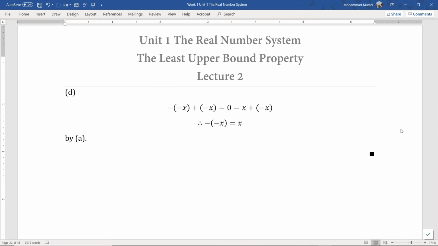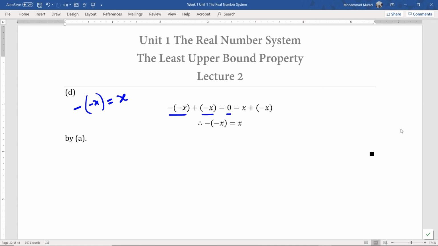Let's try to prove statement D. It says the additive inverse of the additive inverse of an element x is just the element x itself. We begin with the statement that negative of some field element plus the field element is 0.